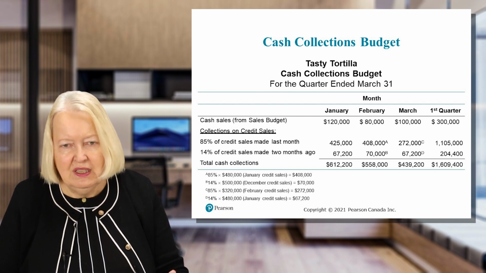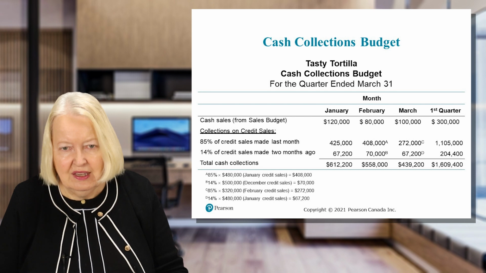What you're being told here is that in the month of January, you are collecting the cash portion of January sales. So you're getting $120,000 for what you've sold in January.